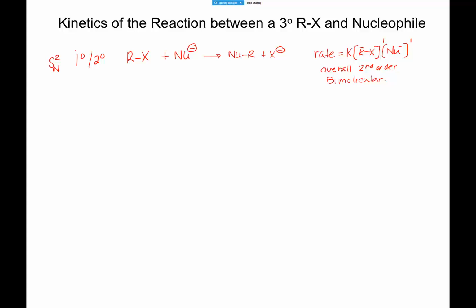And as far as the stereochemistry of the reaction goes, if this alkyl halide is a chiral molecule, if it's one enantiomer, the reaction's going to go by an inversion of configuration. So if the alkyl halide starts out R, it becomes S, or vice versa.